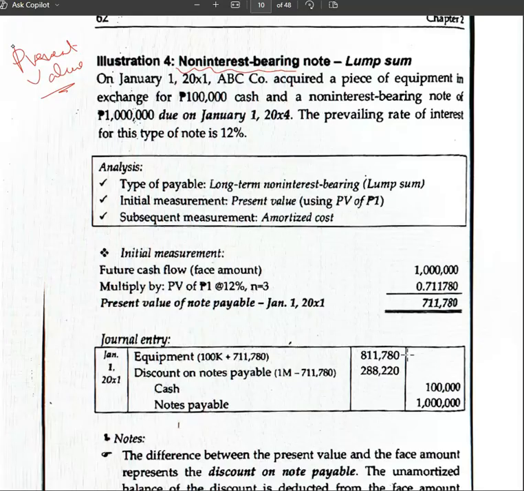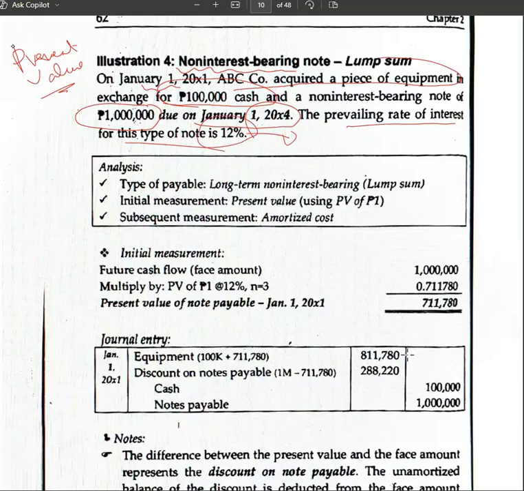Let's have this illustration. January 1, 20X1, ABC acquired a piece of equipment in exchange for 100,000 cash and a non-interest bearing note of 1 million due on January 1, 20X4. That is exactly 3 years, right? Promissory note. The prevailing interest rate of this type is 12%.